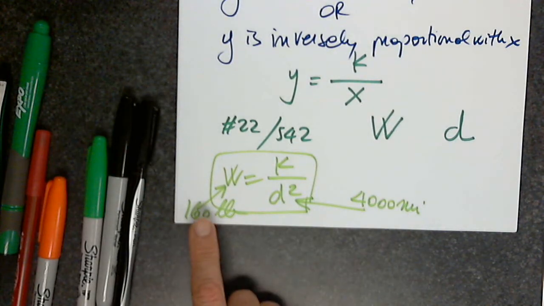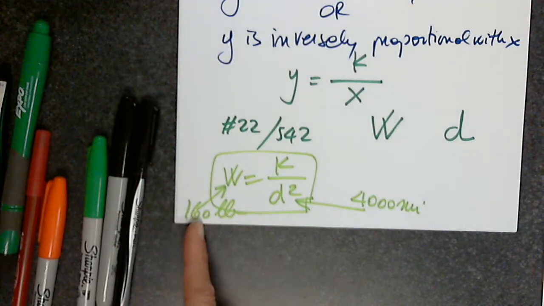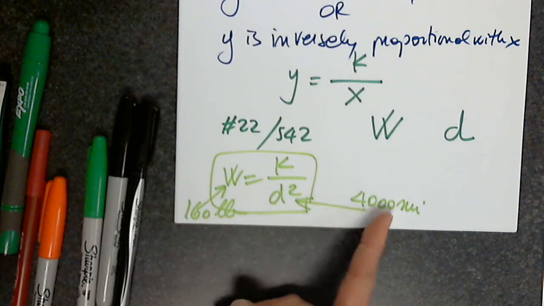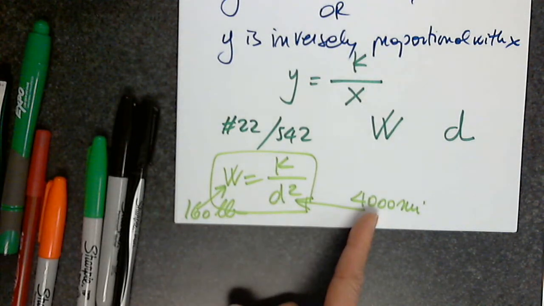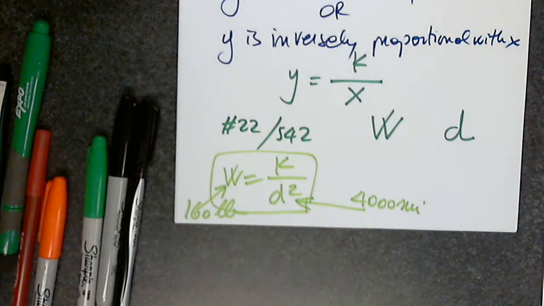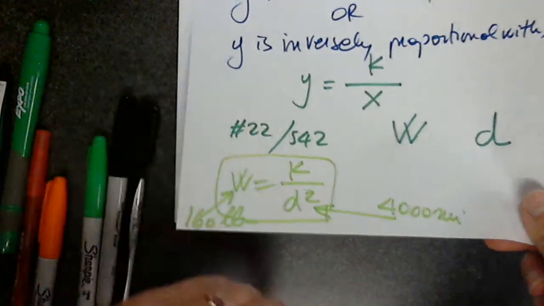So a person who walks on the Earth, somewhere outside in the parking lot, weighs 160 pounds, then that person is approximately 4,000 miles away from the center of the Earth. Why is this information given to us? To find the constant, okay?